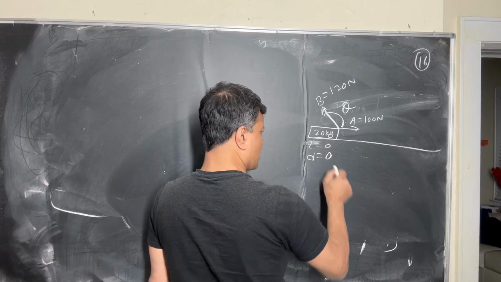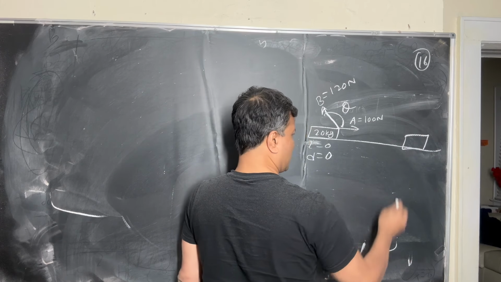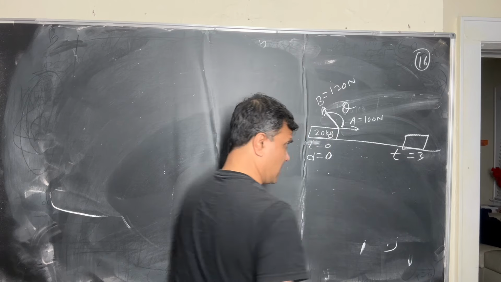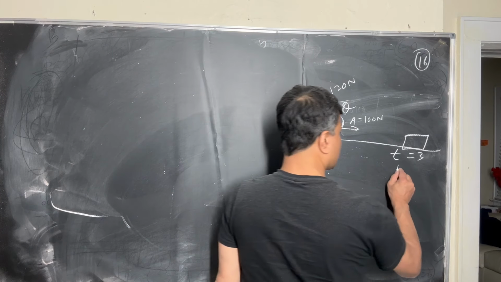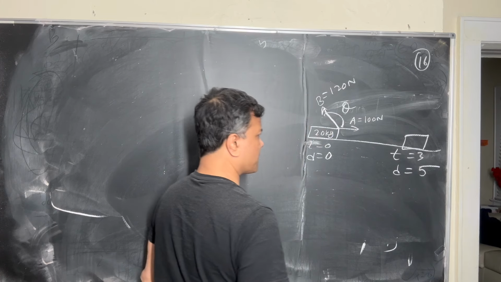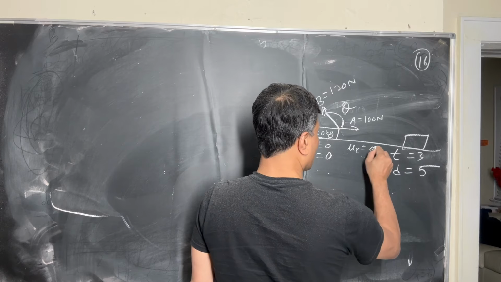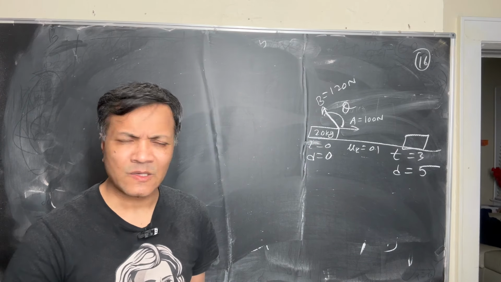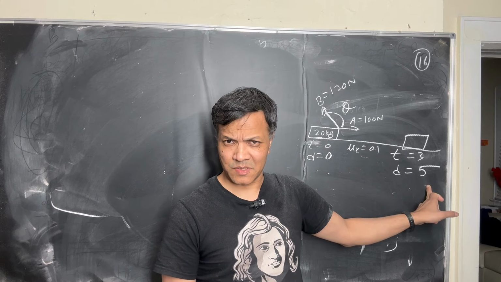At t is equal to 0, the displacement is 0. Now the box at t is equal to 3 seconds, d is not going to be 0. In fact, d happens to be 5. The mu k is 0.1, right? I want you to find what angle made this 5 meters possible.